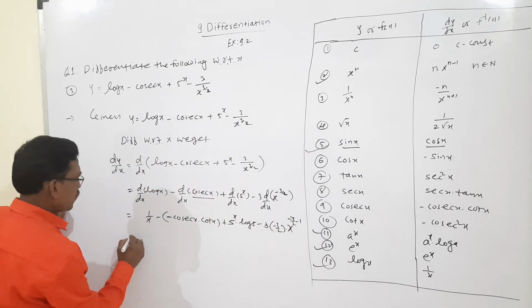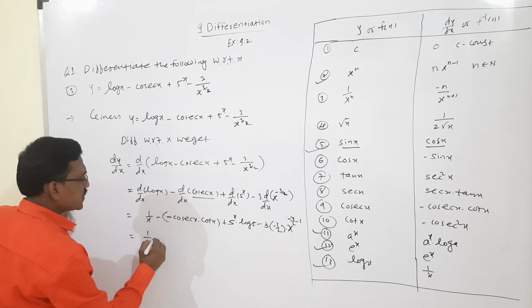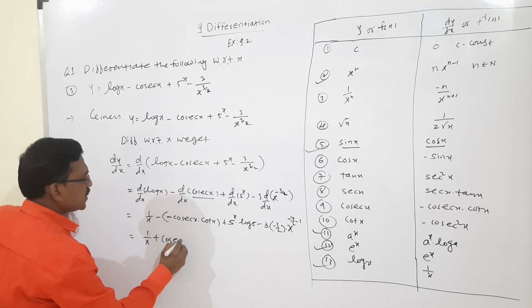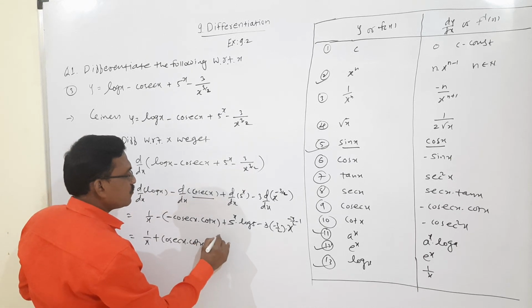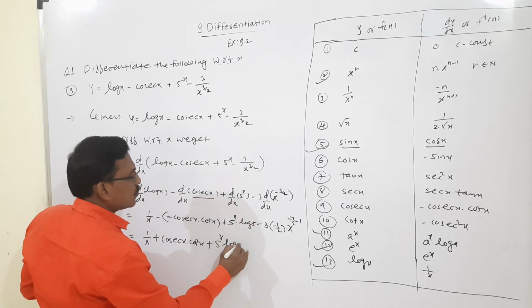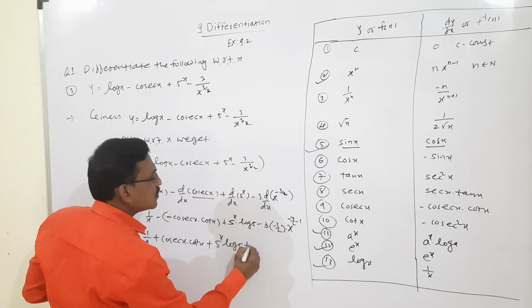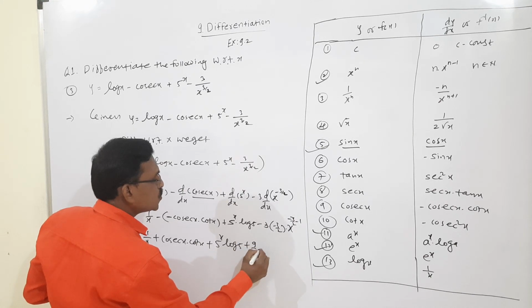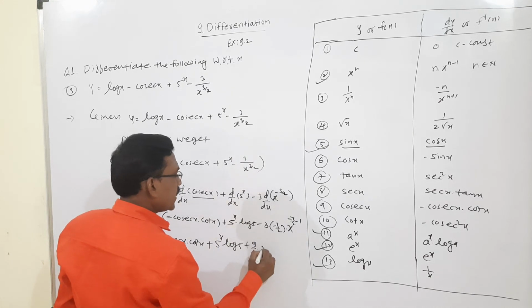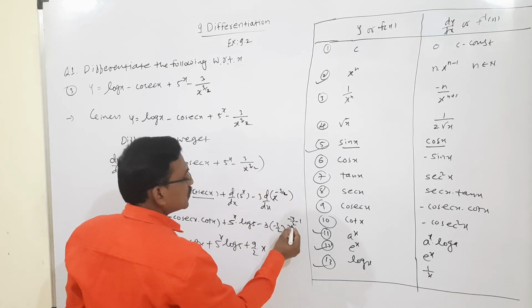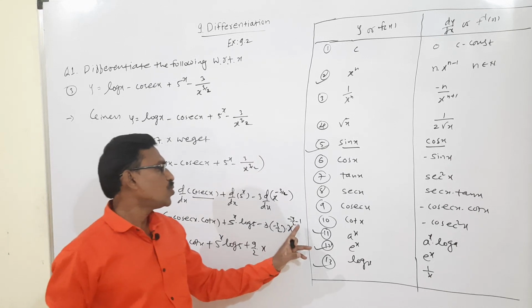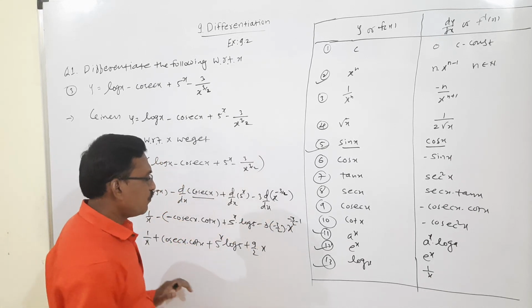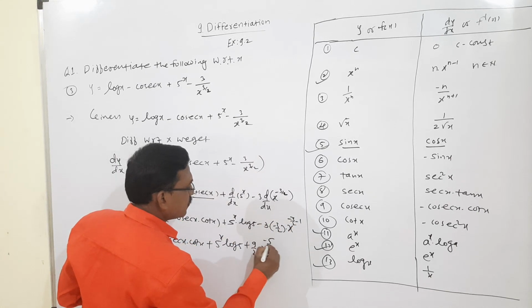So therefore 1 by x, minus minus plus cosec x into cot x, then plus 5 raised to x into log 5, minus minus plus 3 3s are 9 by 2 into x to the power, here minus 3 by 2 minus 1 is minus 5 by 2, x raised to power minus 5 by 2.